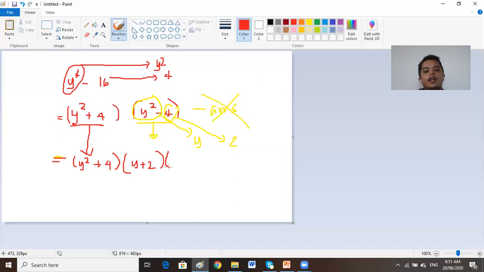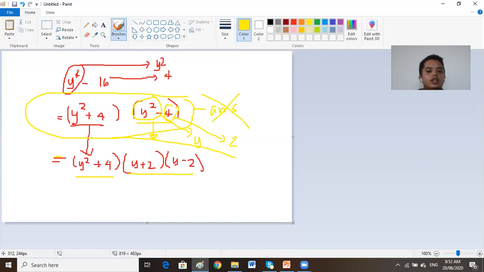and y minus 2. Do not conclude right away that this is your final answer. Check first if this can be factored further. So this is the factor of this one, and you just copy this one.